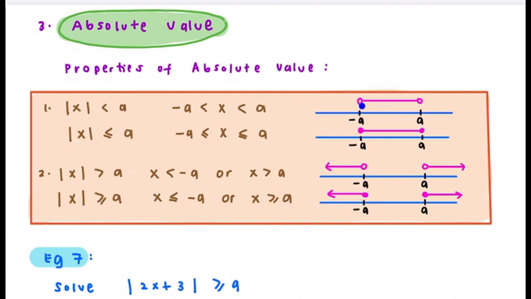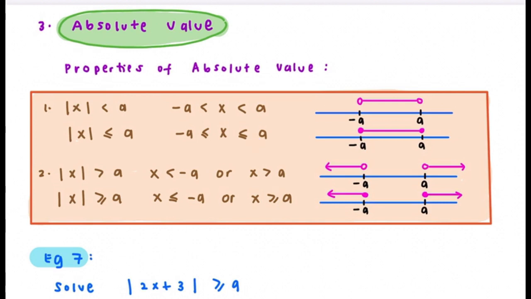So you have the empty circle here. Why empty circle? Because these two values are excluded from your range. If you have modulus less or equal than a, then you have the dense circles, which means that negative a and a are included in your range.